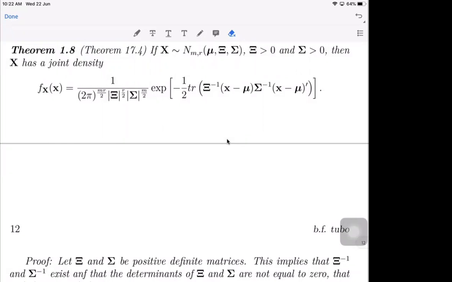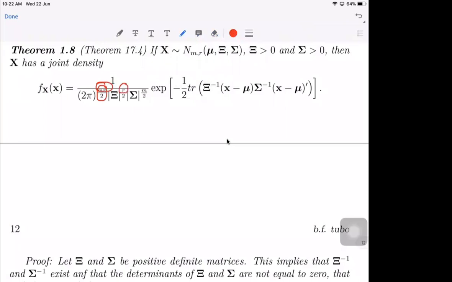Next. The next theorem. Okay, do you still hear me? And is my slide clear? Yes, ma'am. Okay, so the next theorem is the joint density function for multivariate normal distribution. So observe that this is m times r, no?